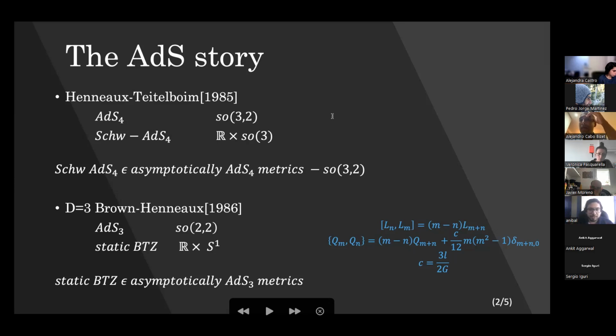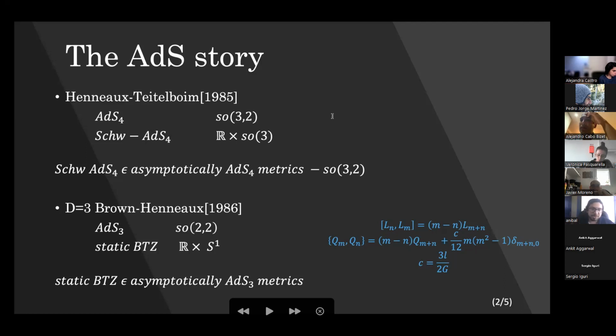And in Schwarzschild-AdS, they have a different one. But Schwarzschild-AdS4 is contained in the asymptotically AdS4 metrics. So if we analyze these solutions asymptotically, we're going to find that they actually have the same symmetry. Also, this symmetry group is the same as the conformal group in 3 dimensions.